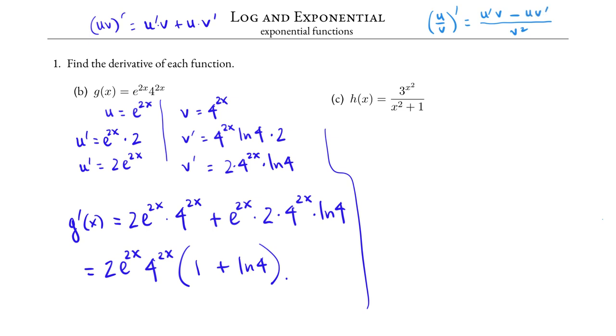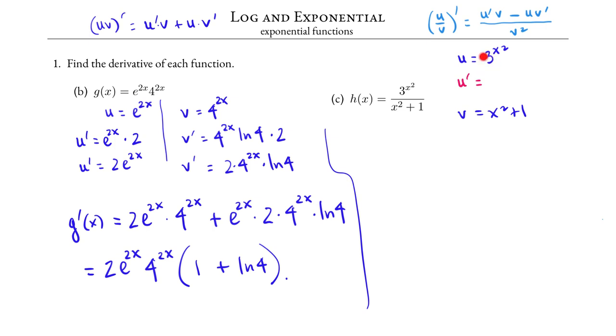We then let u be the top, 3 raised to the x squared, and the bottom is v equals x squared plus 1. We will need to find u prime and v prime. For u prime, this is exponential, but we still need to use the chain rule because there is a function x squared inside the exponential function.